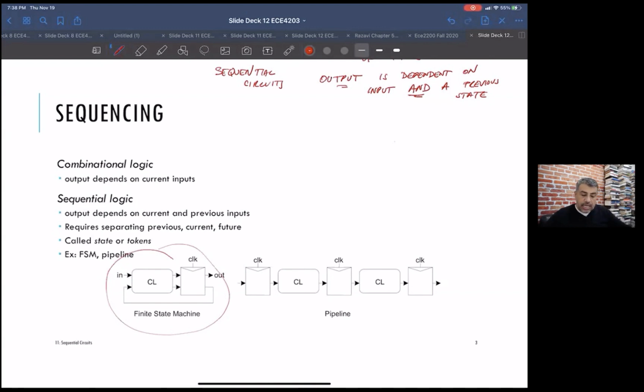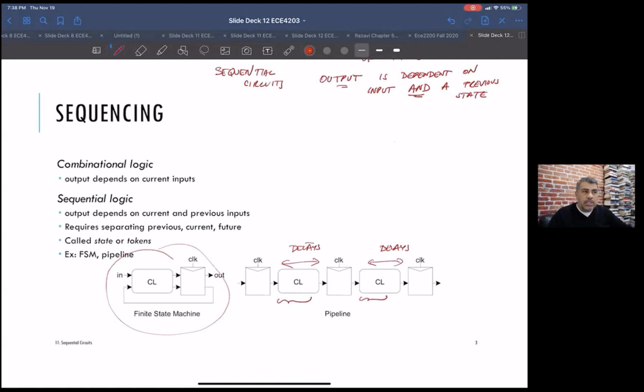A second good example is a pipeline, like in your processors, where you need a certain functionality and you're breaking it up into steps that may be of different delays. Okay, and what's the benefit of a pipeline?